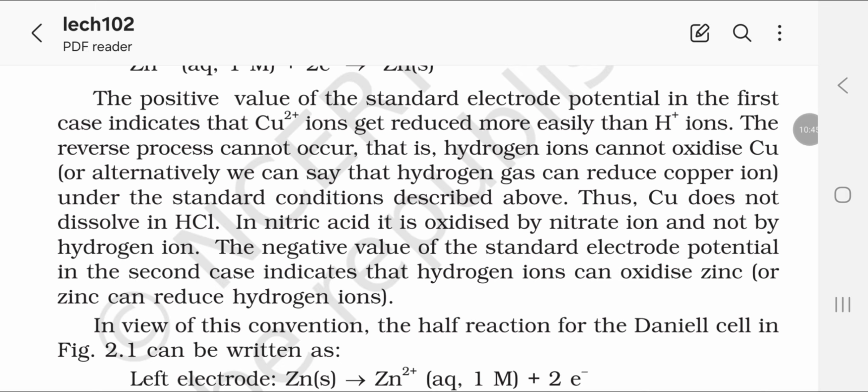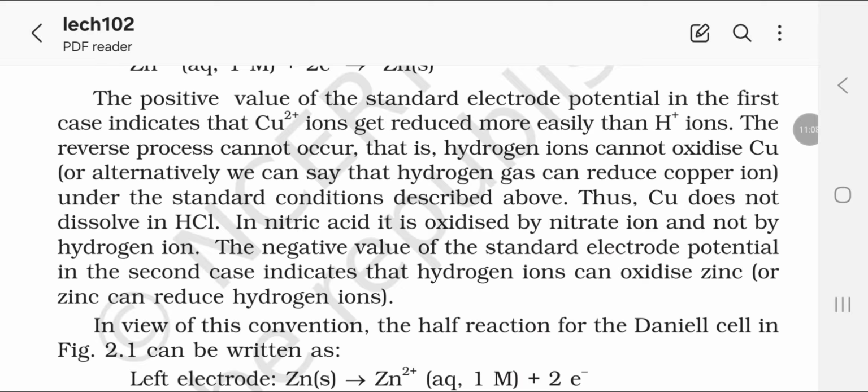The reverse process cannot occur, that is, hydrogen ions cannot oxidize copper, or alternatively we can say that hydrogen gas can reduce copper ion under the standard conditions described above. Thus, copper does not dissolve in HCl. In nitric acid, it is oxidized by nitrate ion and not by hydrogen ion.